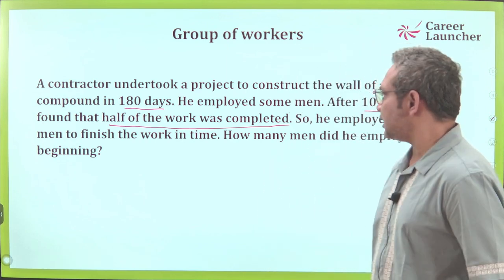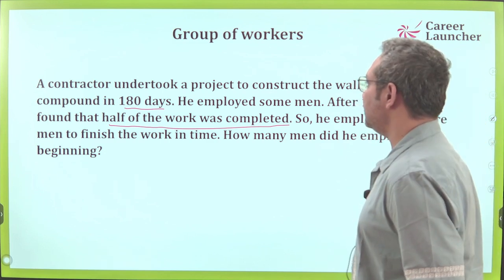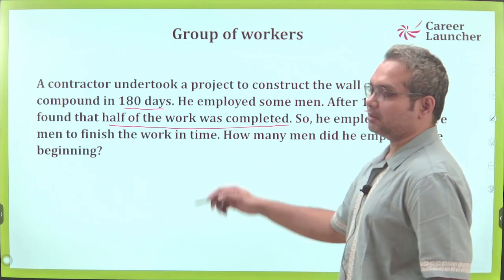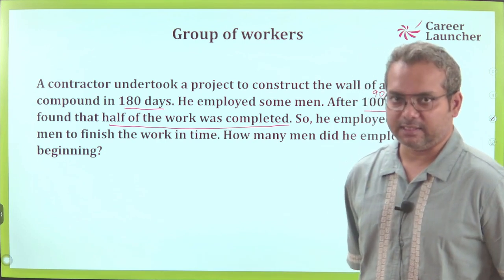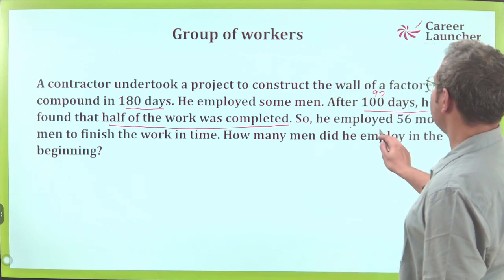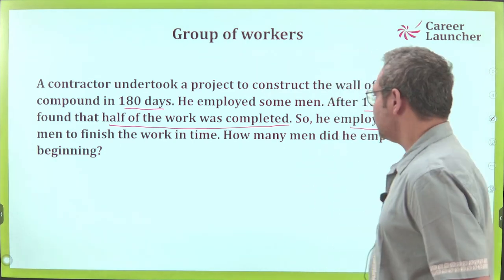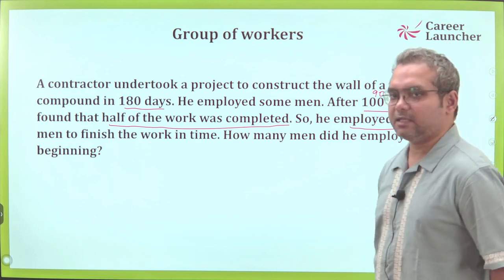But the workers have clearly taken more time. So if he pursues with the same number of workers, then he is not going to complete the job in 180 days, and hence the question says he employed 56 more people to finish the work on time. So the question is how many did he employ in the beginning?